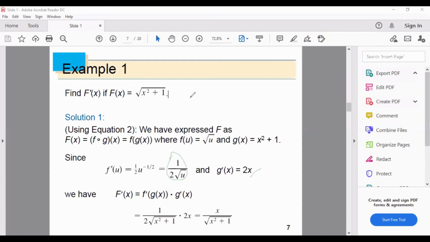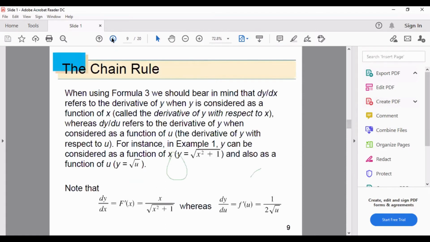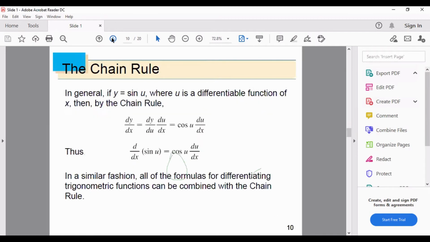For example, obviously here we can simplify a little bit. That means we can simplify by 2 and it becomes like that. It's not a problem.